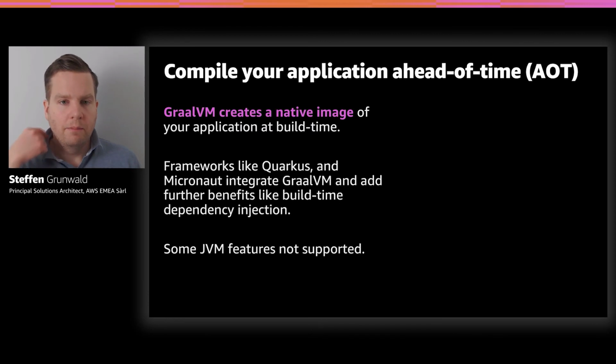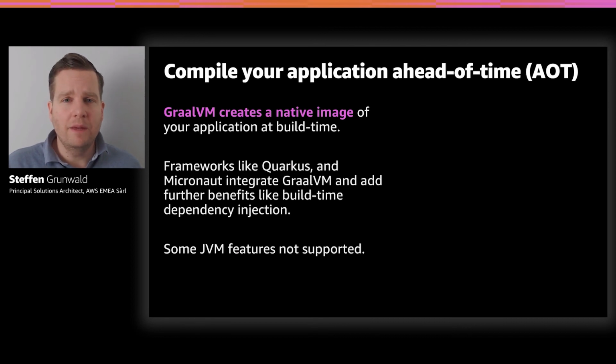The GraalVM project provides means to create a native image from your code at compile time. The resulting program has faster startup times and also less memory overhead. GraalVM does so by statically analyzing your code, so it only knows the information it can get from your code and from your dependencies.